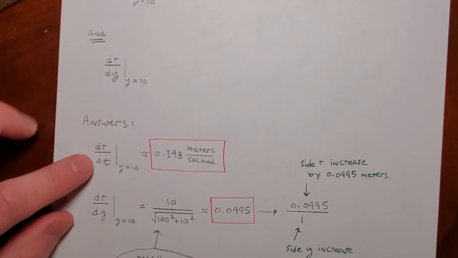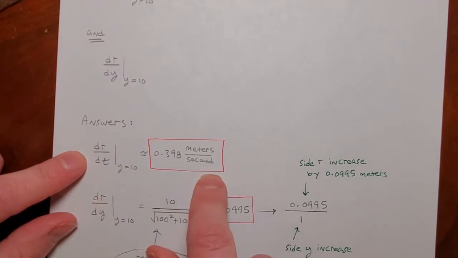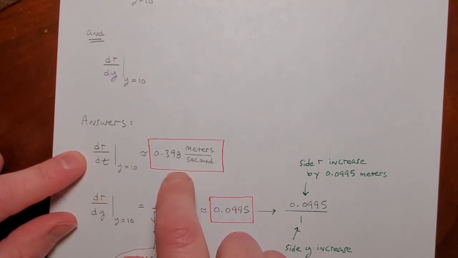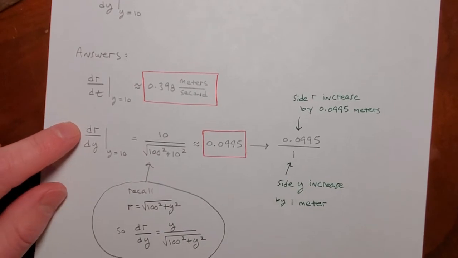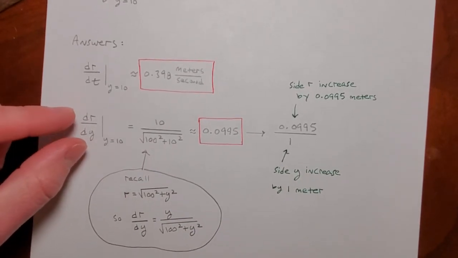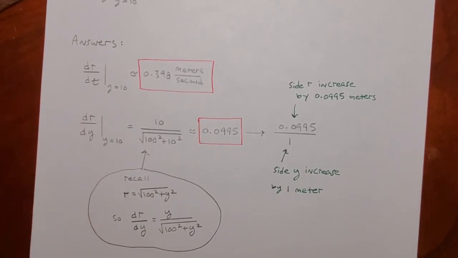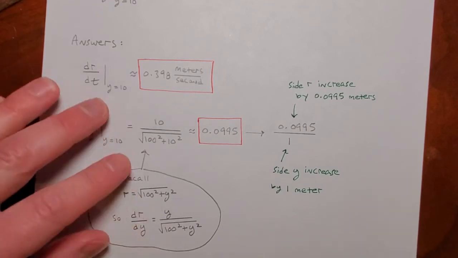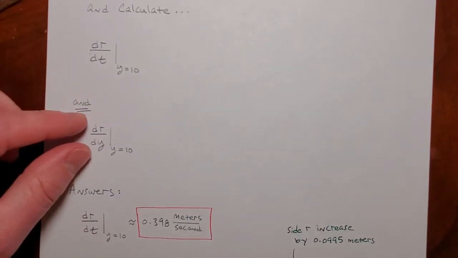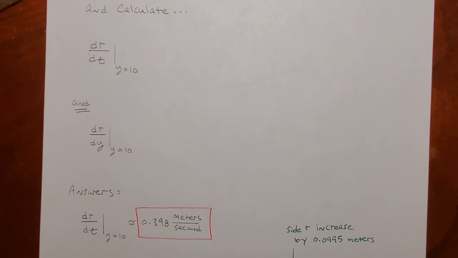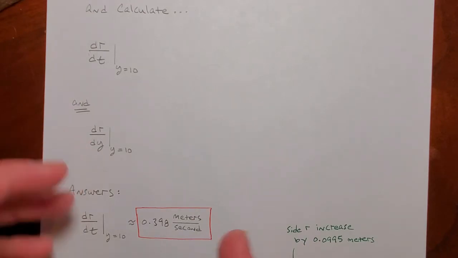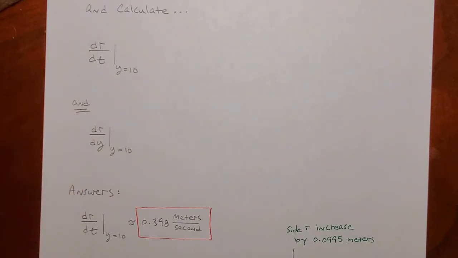Well, dr over dt, that was the whole purpose of that last question. And this is what we got. But what about dr over dy? Well, finding that was part of doing the question. But I want to make sure that you could find this on its own, okay? That you realized what part of that question this was.